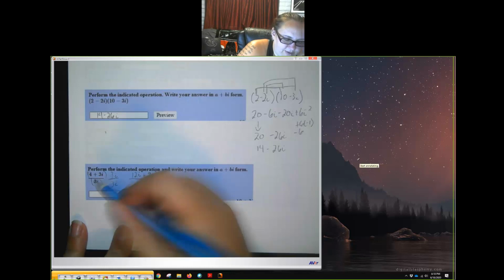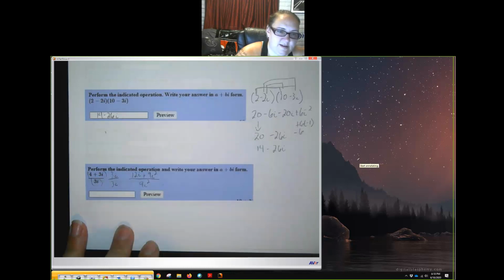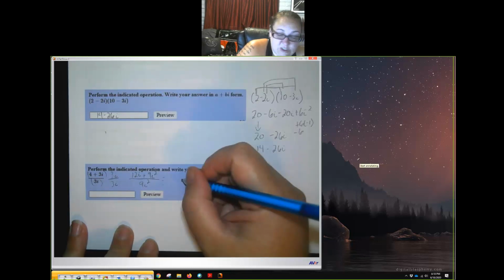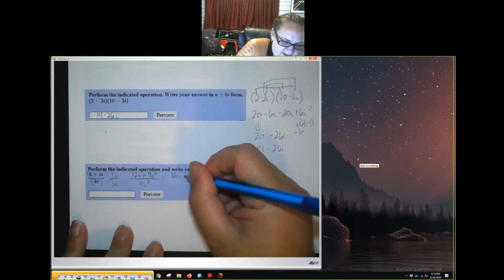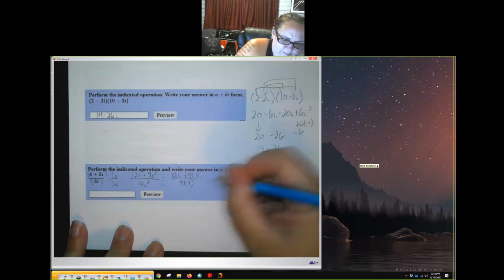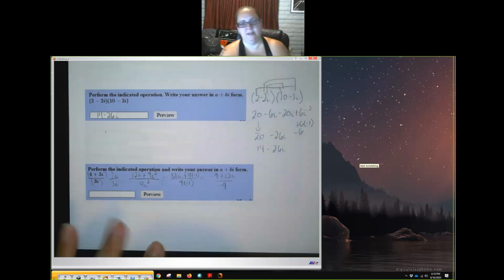And then on the bottom, 3i times 3i again is 9i squared. Keeping in mind that i squared is negative 1, then this would become 12i plus 9 times negative 1 over 9 times negative 1, which would then be negative 9 plus 12i, because a plus bi, over negative 9.